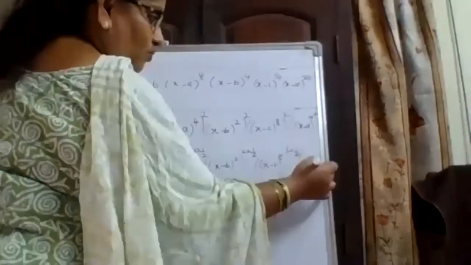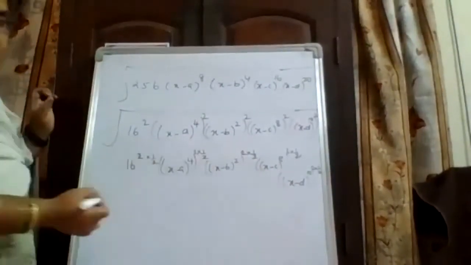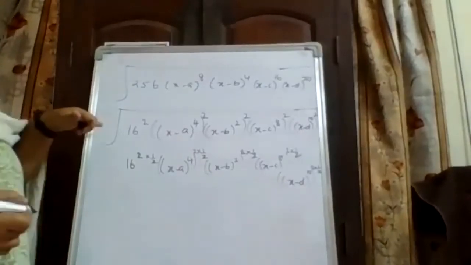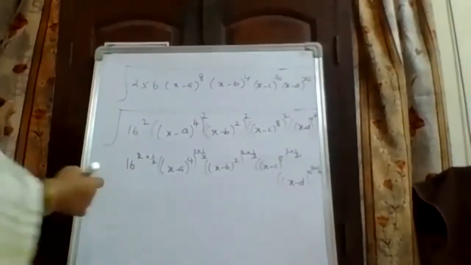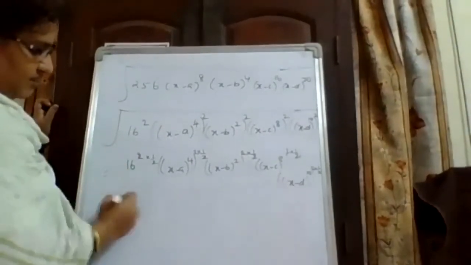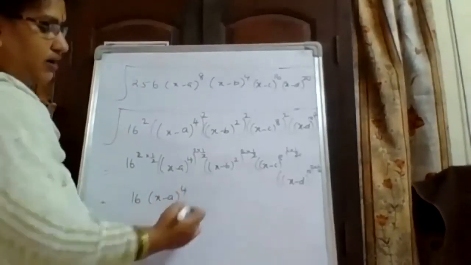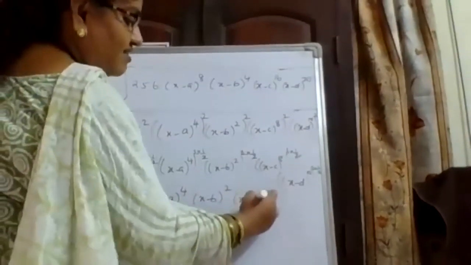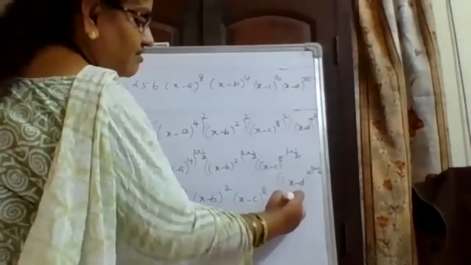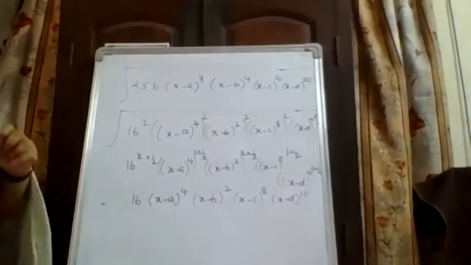So that's why the 2 gets cancelled everywhere. So whenever I say any root, when it is expressed as the same power of the number, that number will be taken out. So it becomes 16 (x minus a) whole power 4, (x minus b) whole power 2, (x minus c) whole power 8, (x minus d) whole power 10. So this will be your final answer.